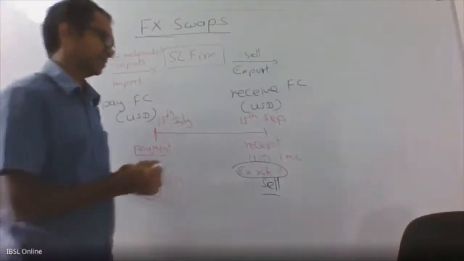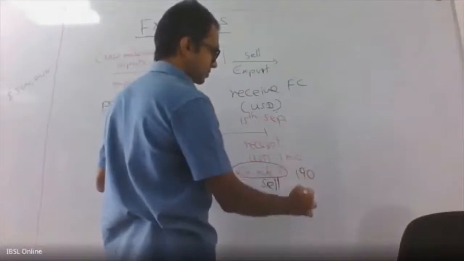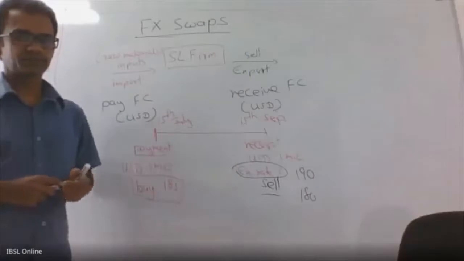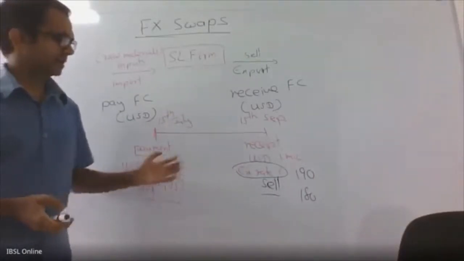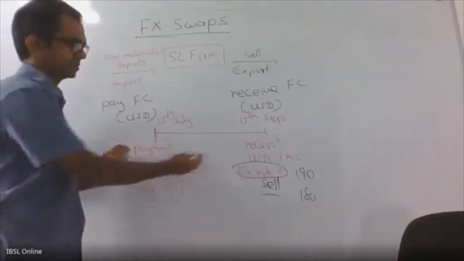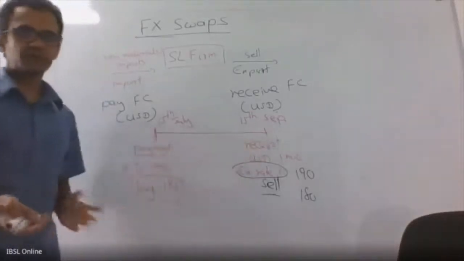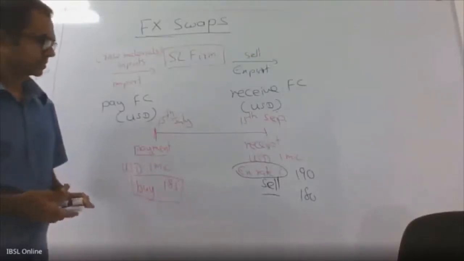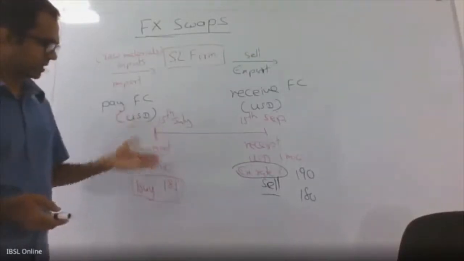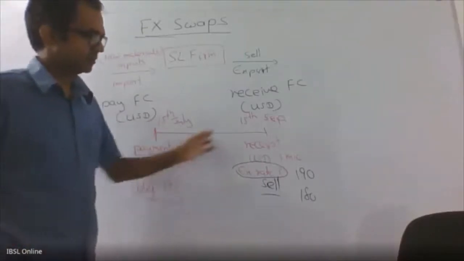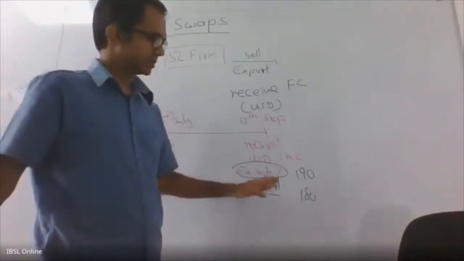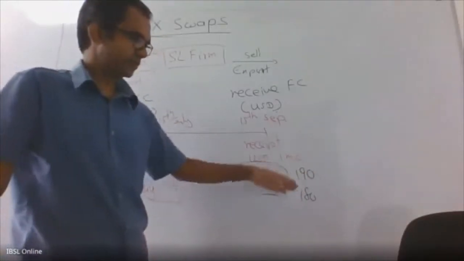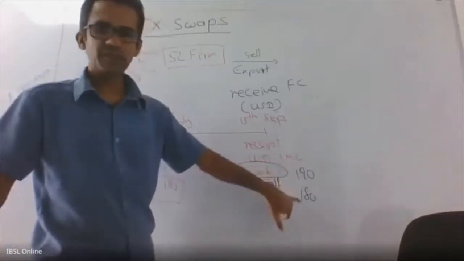It may be again 190 or 180 or whatever. There is a risk. Can he hedge this risk? Because there's just a timing mismatch of cash flows. You buy at 185 and in future you have to sell it, but you don't know what the exchange rate will be. It may be in your favor or against you.